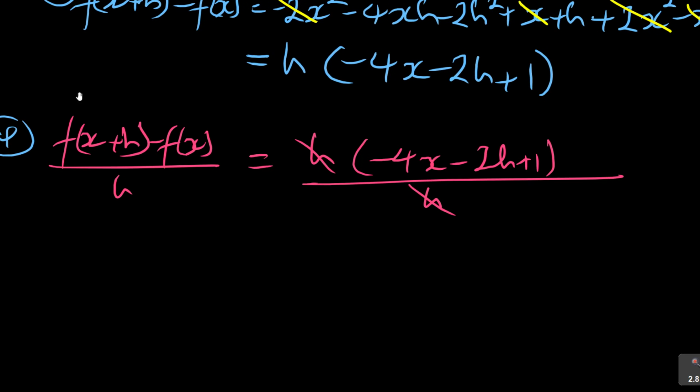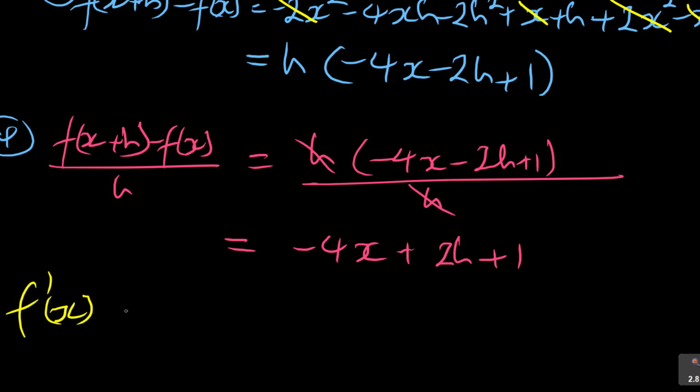See that? Then from there, which is equal to negative 4x minus 2h plus 1. Then that's when you say now f prime of x is equal to the limit as h approaches 0 of that answer, minus 4x.